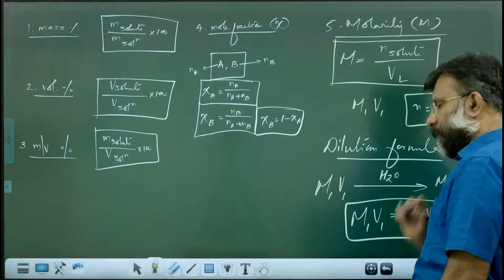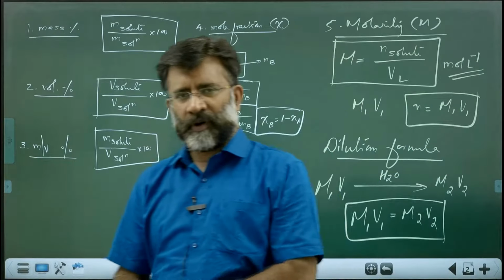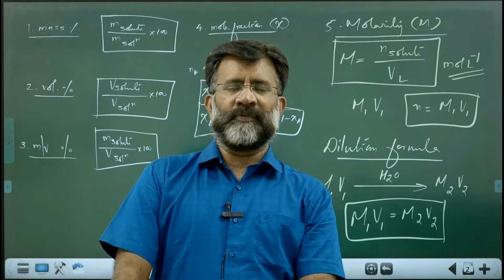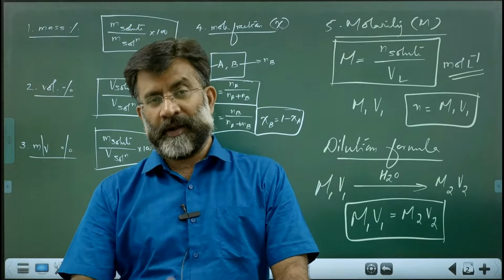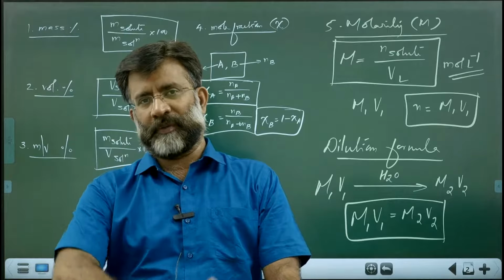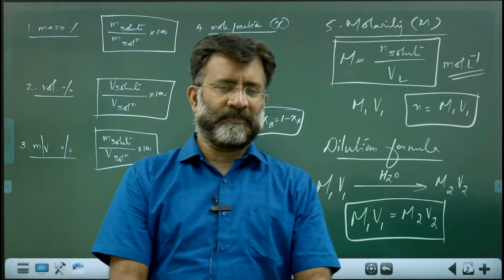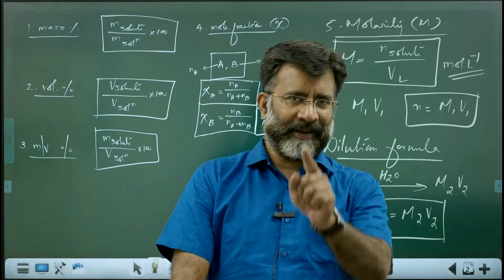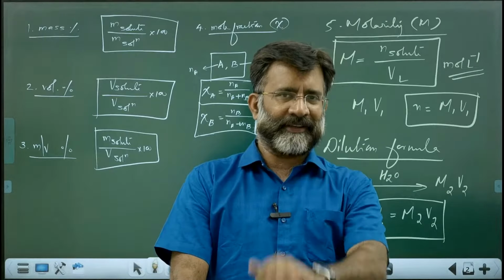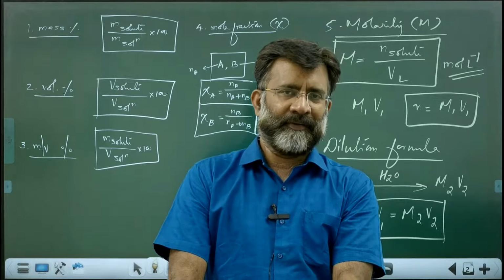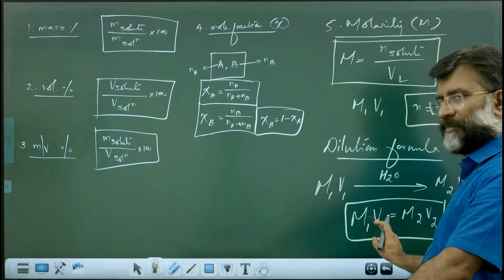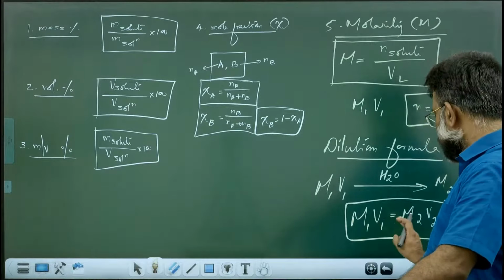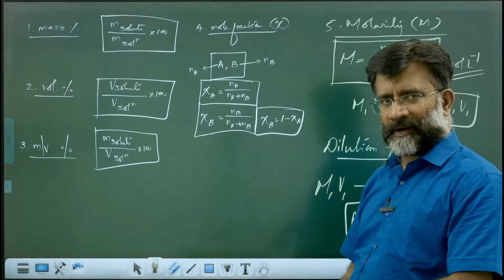So before and after dilution, number of moles of solute will be the same, because in the dilution process you are adding water, you are adding solvent. So it doesn't affect the number of moles of solute. What is the number of moles of solute? M into V. So M1 V1 before dilution is equal to M2 V2 after dilution.